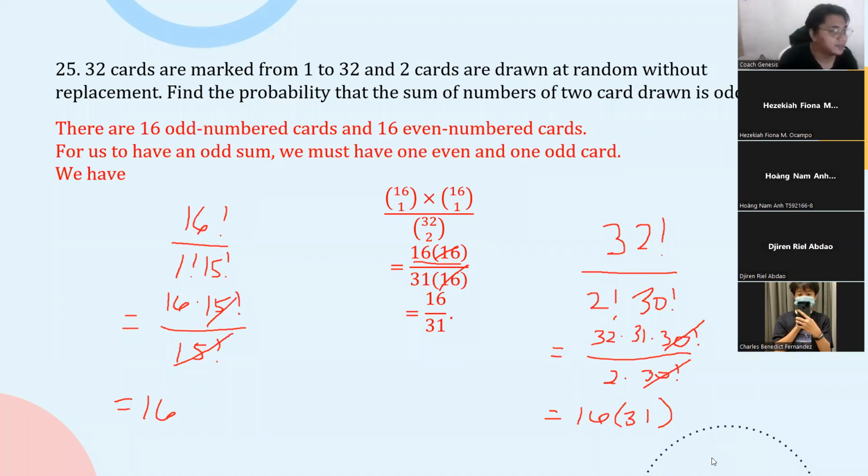But as long as you know this case, for two cards to have an odd sum, you must have one even and one odd. Okay, so that is the final answer for 25.